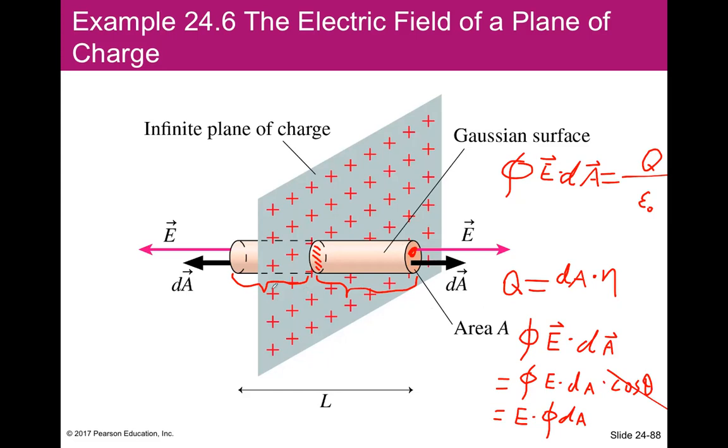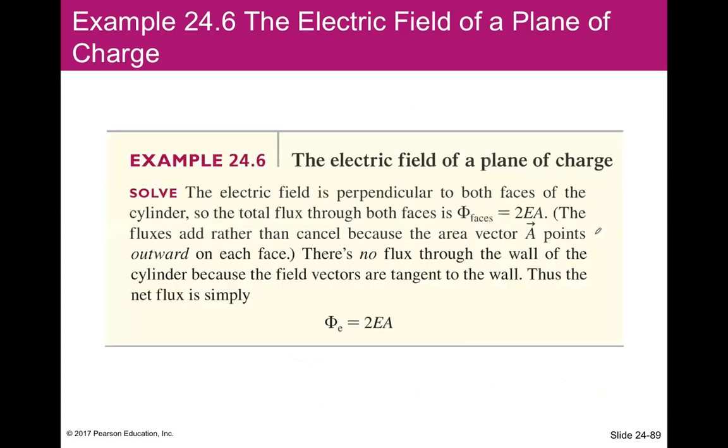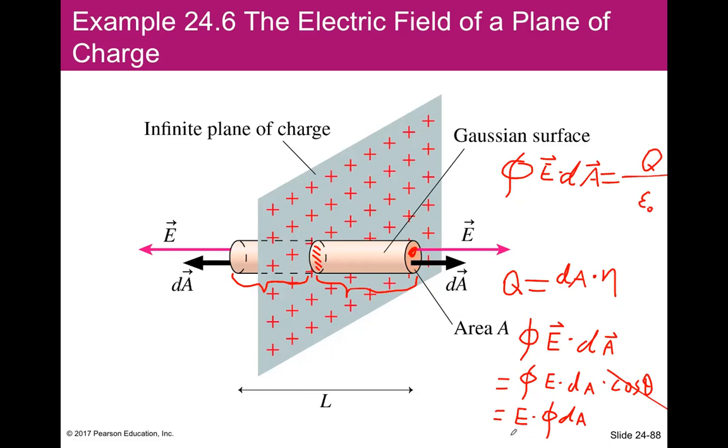And on the other side, it's the same thing. E on the left and the right should be the same, but in opposite directions. So you get EA on the right, and EA on the left.